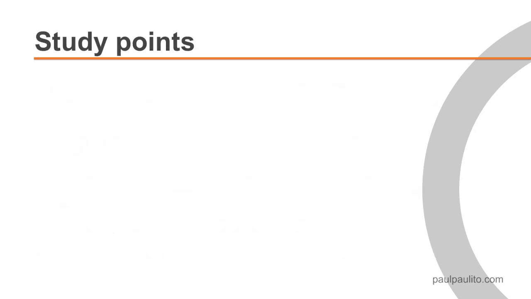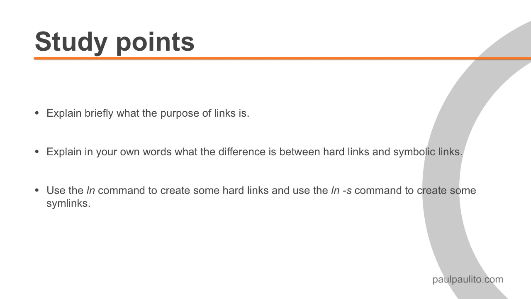Study points. Explain briefly what the purpose of links is. Explain in your own words what the difference is between hard links and symbolic links. Use the ln command to create some hard links and use the ln -s command to create some symlinks.